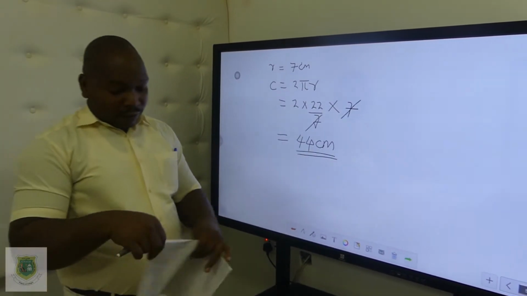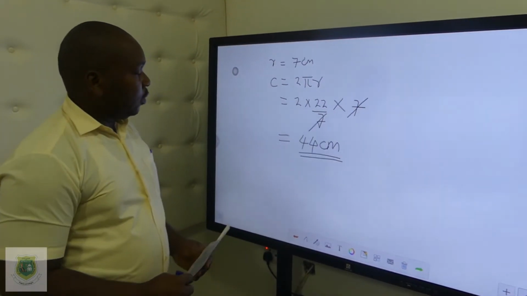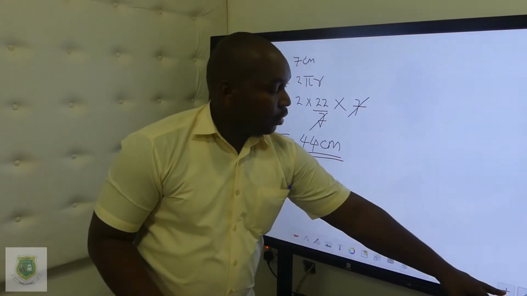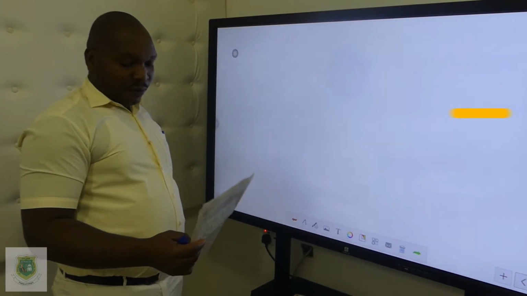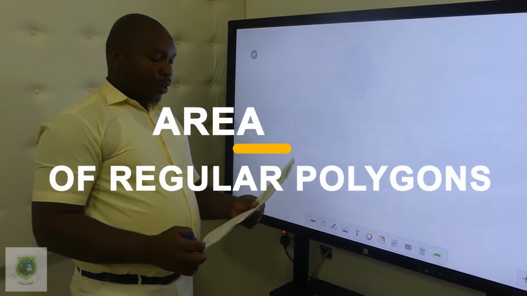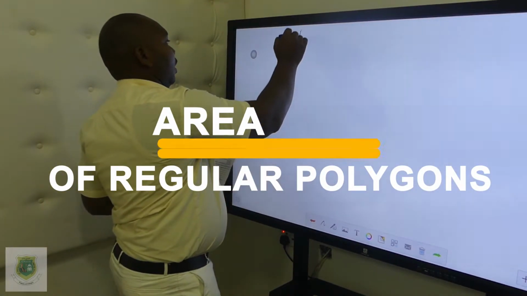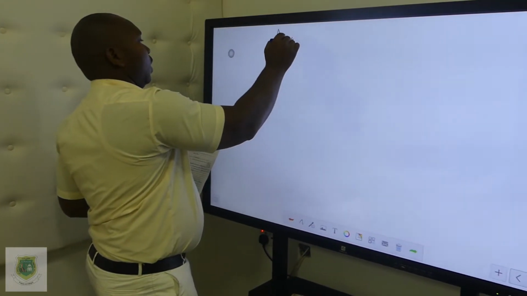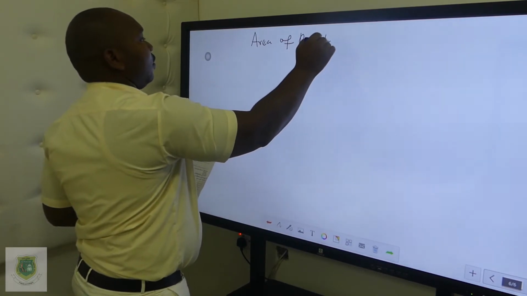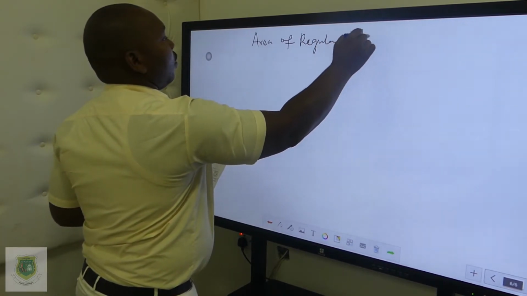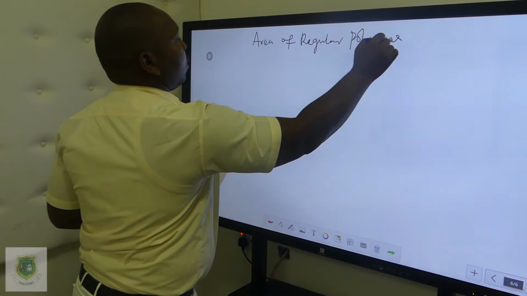Then the next thing we are going to look into now is how to calculate the area of regular polygons.